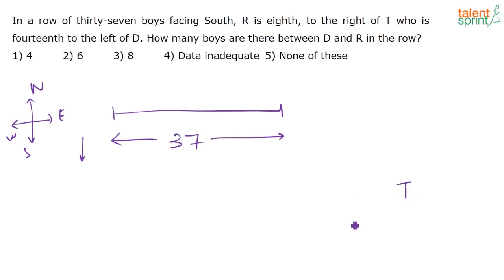Remember, if everybody is facing south, assume that you are also facing south. If you are facing in this direction, this is going to be our left side and this is going to be our right side. So keep that in mind when you solve the question, then only you will get the correct answer here. Okay, so here what is given? R is 8th to the right of T. So which is the right hand side of T? This is going to be the right hand side of T.